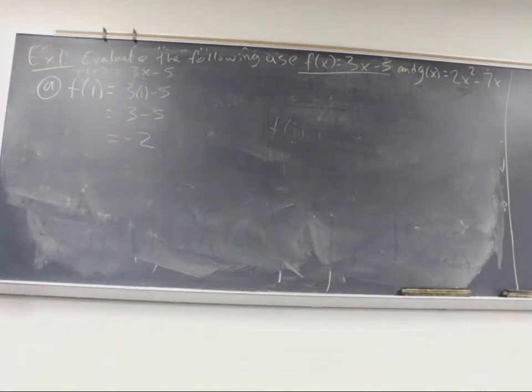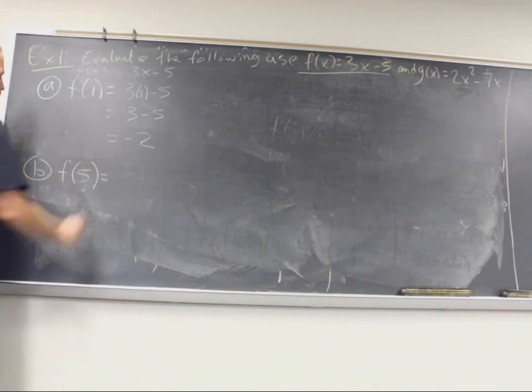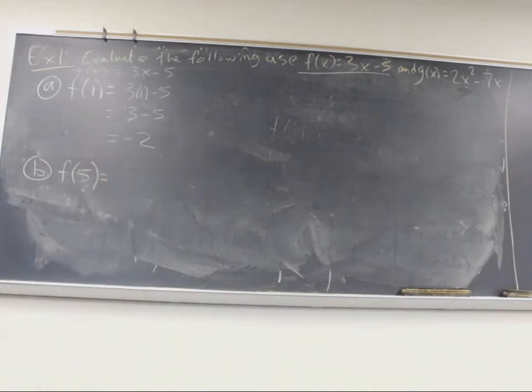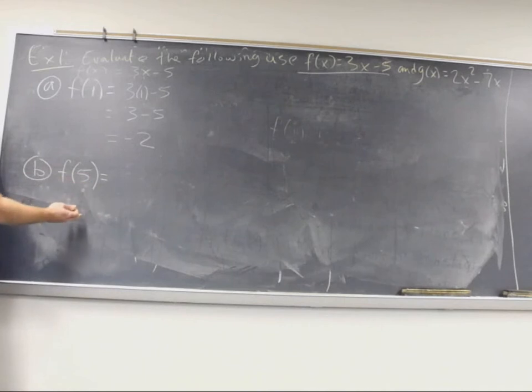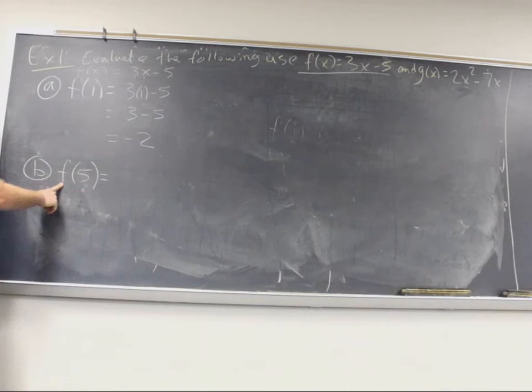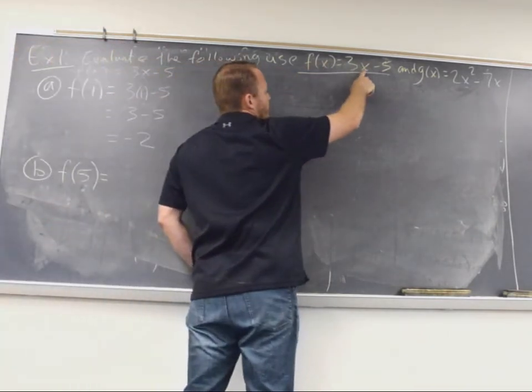All right, try this one. Try f of 5. Pause the video and try it. So f of 5, what is that telling me? That's telling me to use the f function and to plug 5 in there for x. So here's my f function, and I'm going to plug in 5 everywhere there's an x.